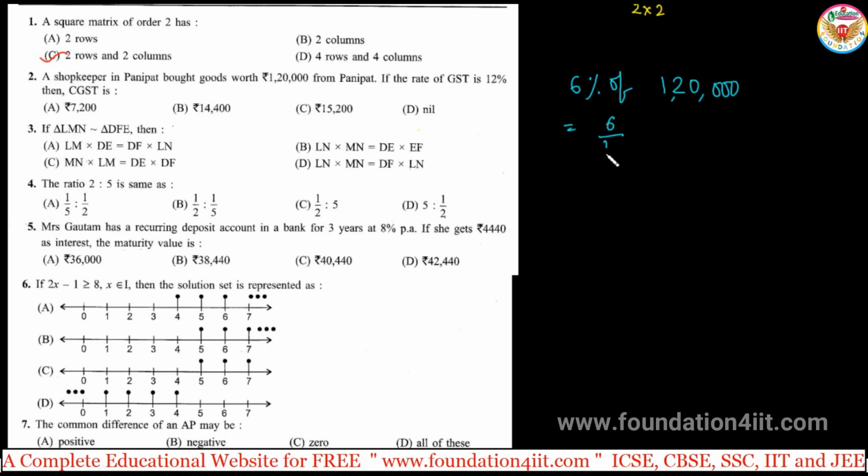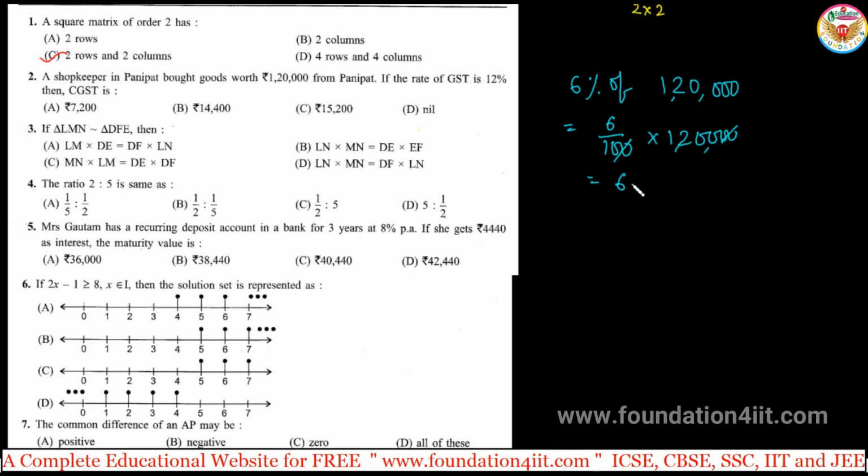So 6 by 100 into 1 lakh 20,000. Do cancelling, then that is 6 into 1200. 6 into 1200 is 7,200.